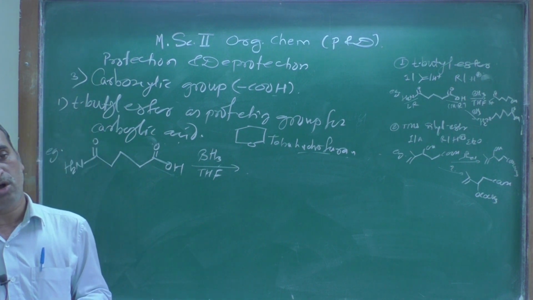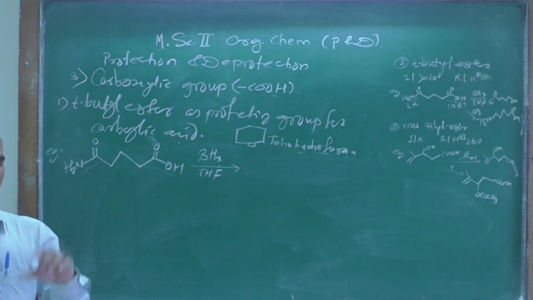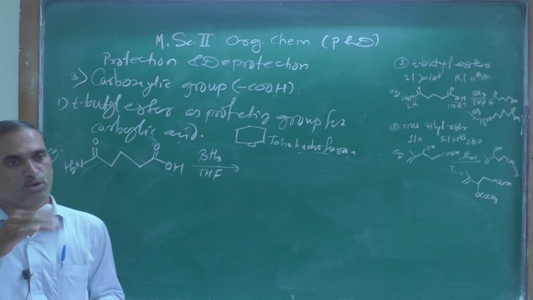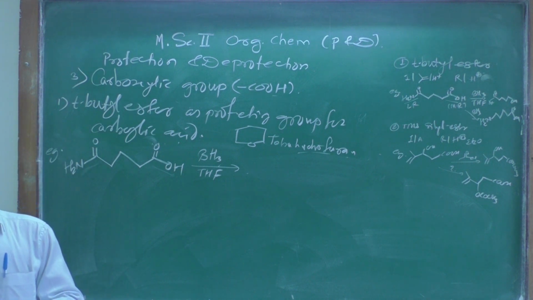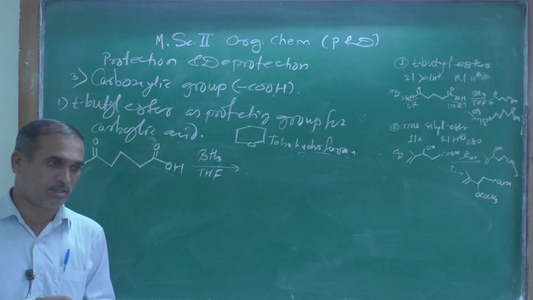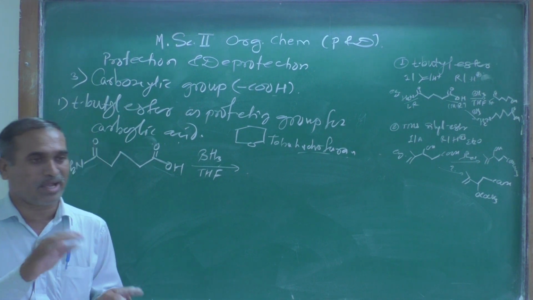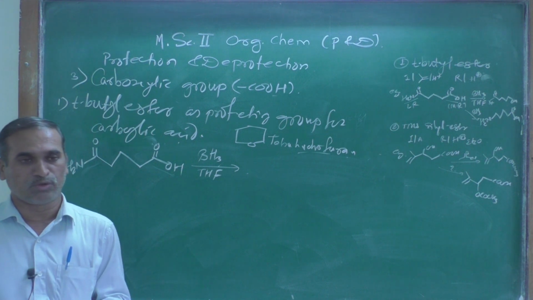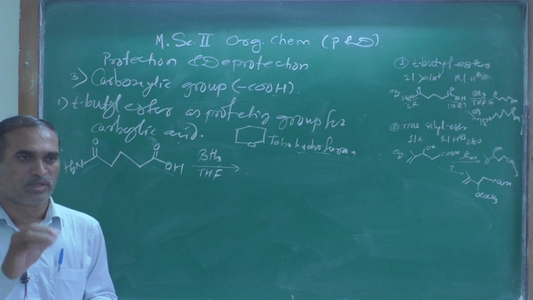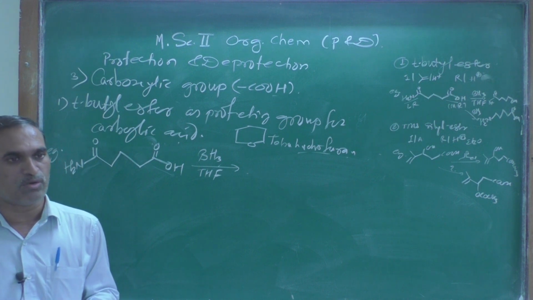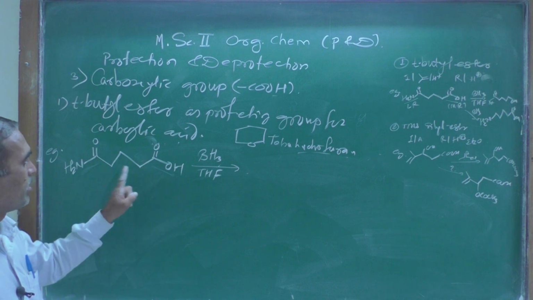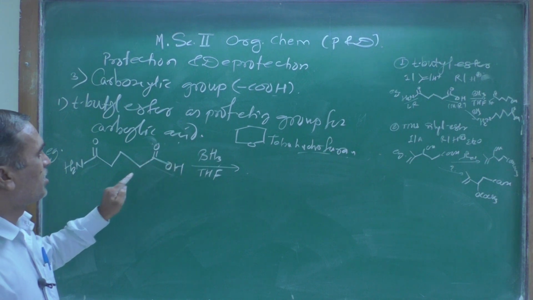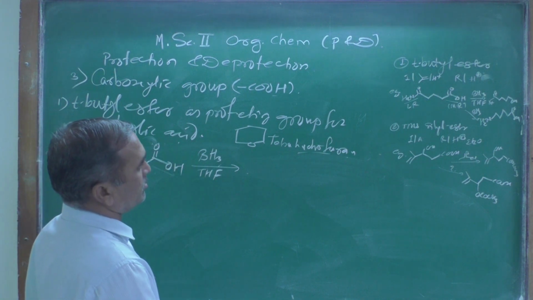And a strong reducing reagent like lithium aluminum hydride can reduce most of the functional groups, like in addition to the carbonyl group of aldehyde and ketone, it can reduce carbon-carbon triple bond, amide group, carboxylic group, ester group into their respective groups.